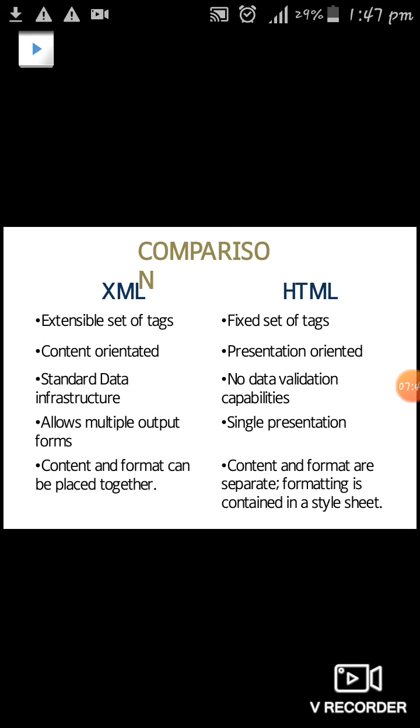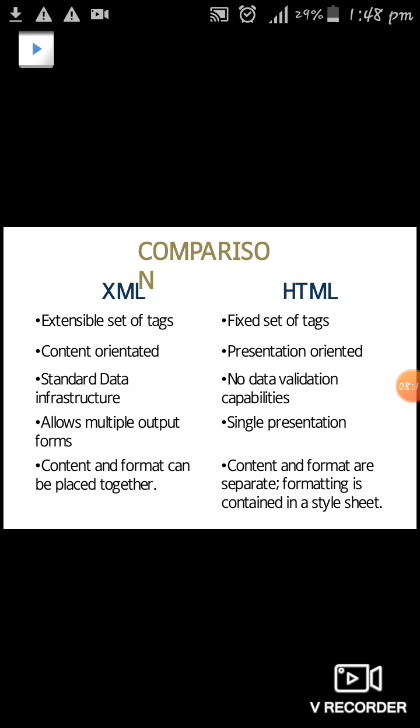HTML is mainly presentation oriented, that is, by using these tags we can design the web page. By using an XML document, we can maintain the document. So in XML, we mainly concentrate on data storage. In HTML, we mainly concentrate on presentation, the designing of the web page.